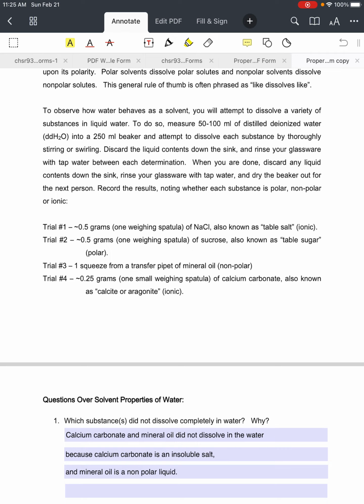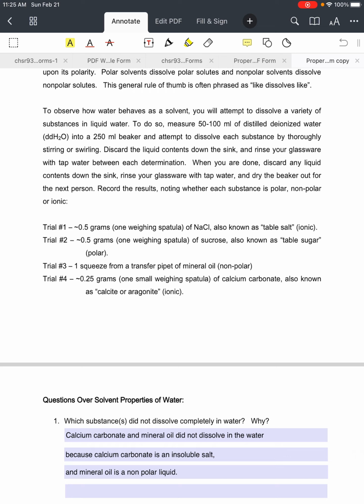It's just polar, so it has unequal charge distribution in its bonds. We used a very nonpolar substance called mineral oil, and we also used an ionic salt, calcium carbonate. It says which substances did not dissolve and why.